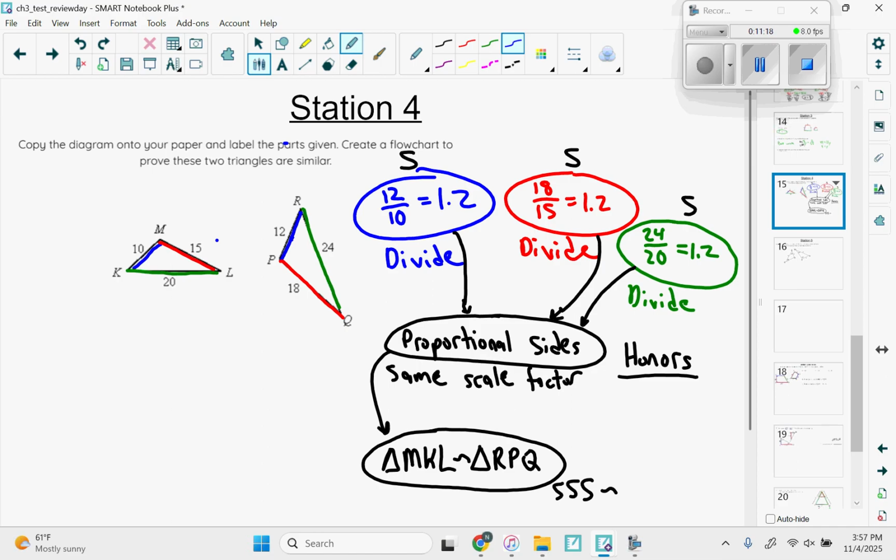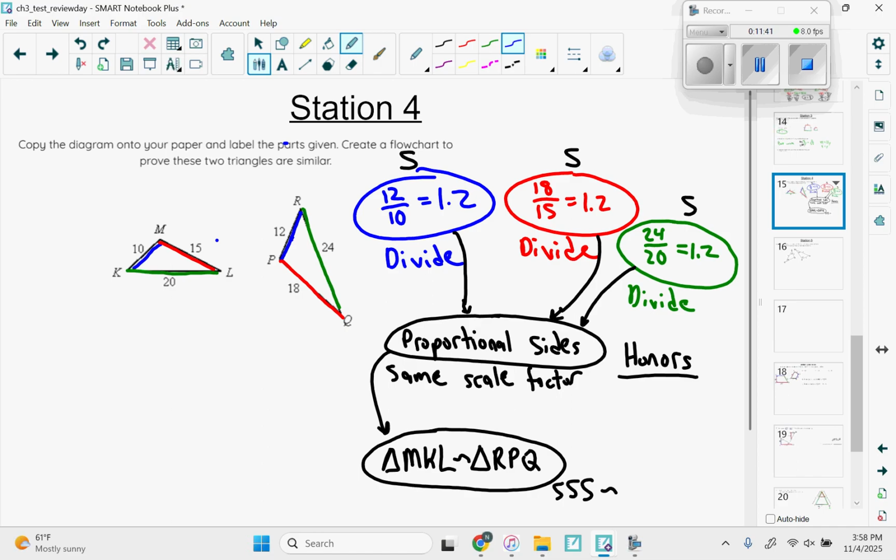And then the largest side or longest side is in green, 20 and 24. So I can color code my corresponding sides. That helps me make my ratios. And I find they all have the same scale factor, which means they have proportional sides, which means we can prove the triangles are similar using side-side-side similarity.